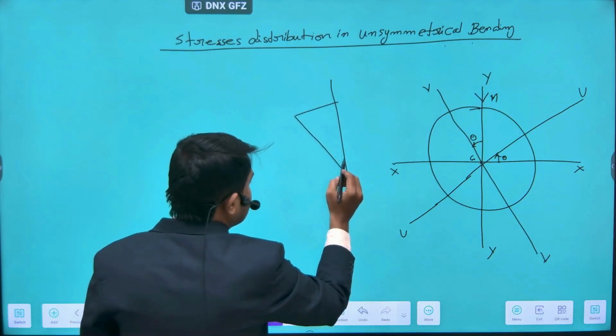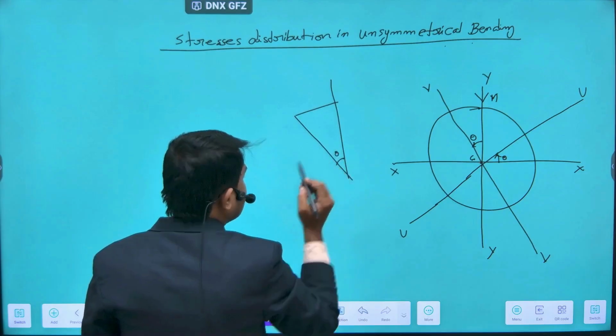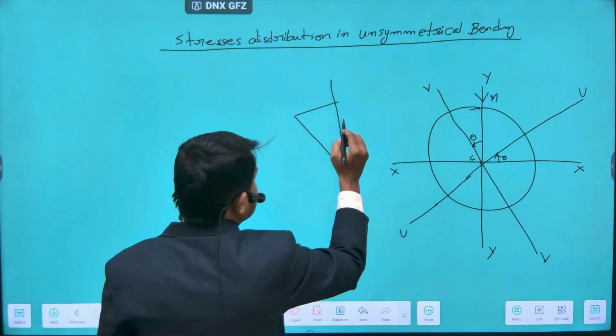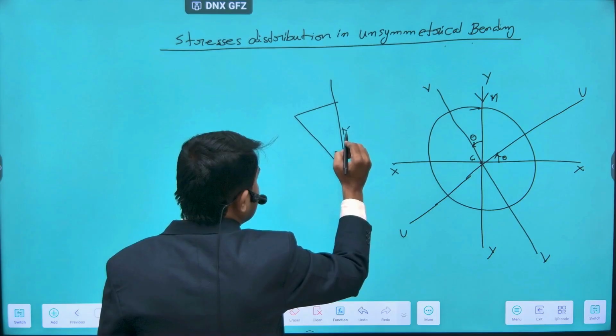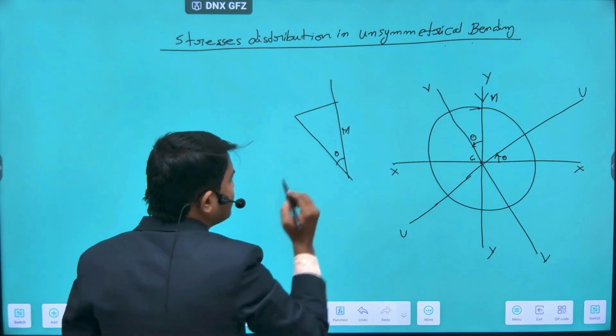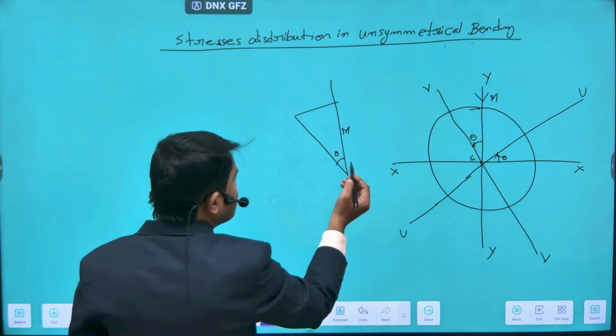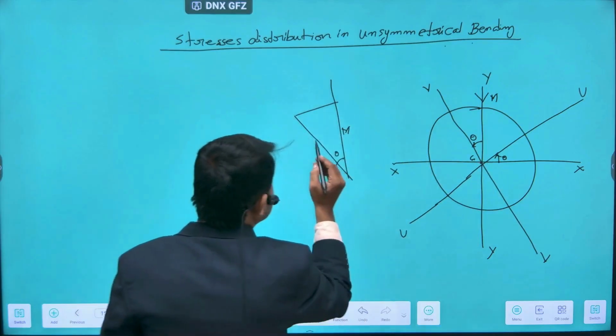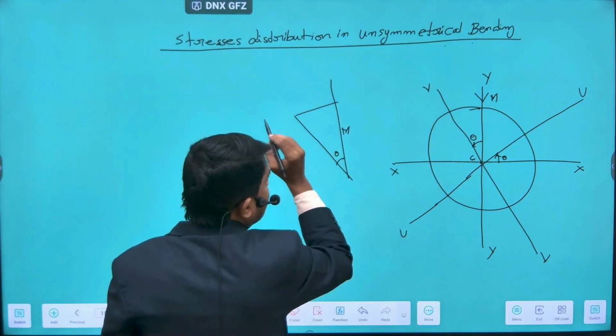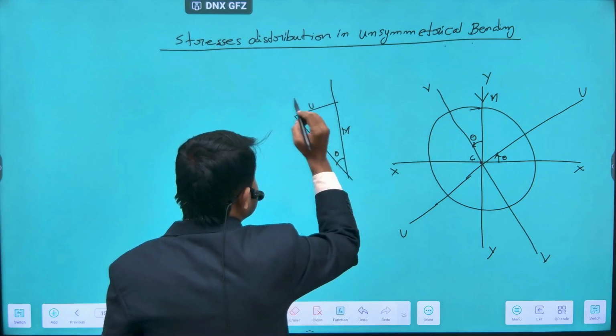So here, taking the angle as theta, this moment is acting along the axis YY. For the opposite side, you have to take the coordinate U. Why?